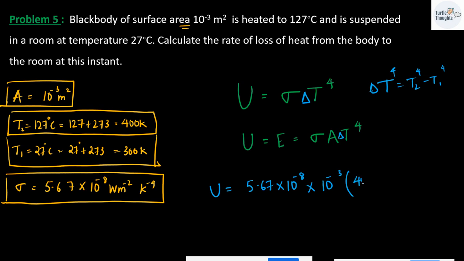So here I can write 400 raised to the power 4 minus 300 raised to the power 4. When you solve, you should get the final answer as 1. This is going to be the heat which is going to be lost from the body to this room.